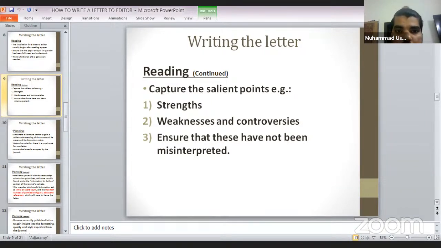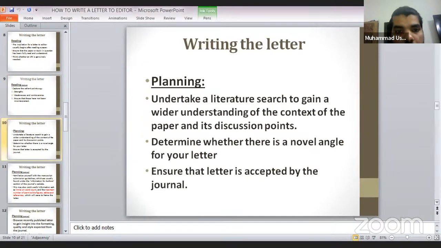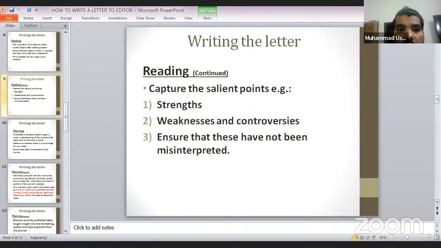You should highlight all those weaknesses and controversies in your letter to the editor. You should also make sure that you haven't misinterpreted the findings. Sometimes there might be a problem in your understanding rather than the understanding of the authors who wrote the publication. Sometimes you fail to understand the message they are giving you, so you should make sure that you have understood it properly.